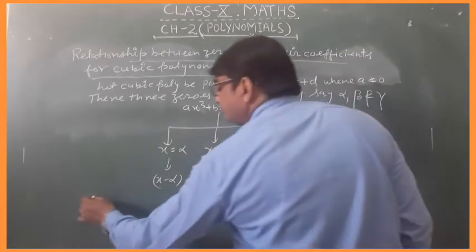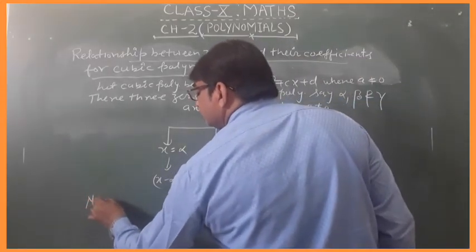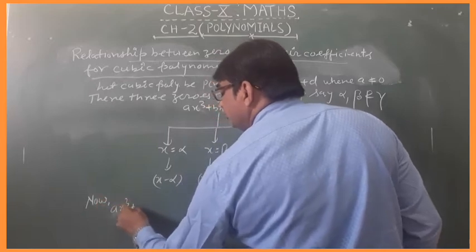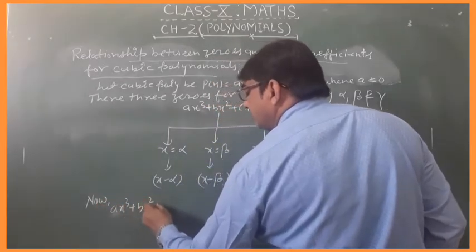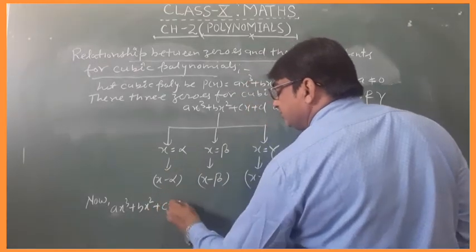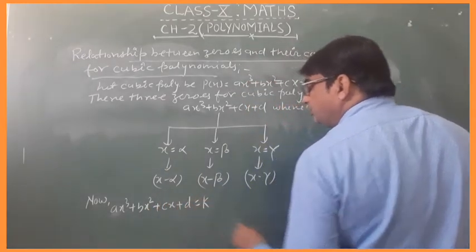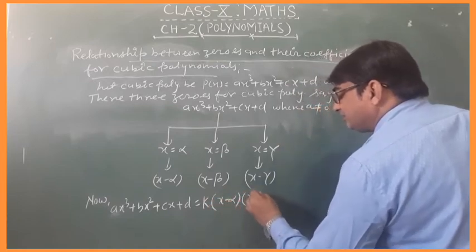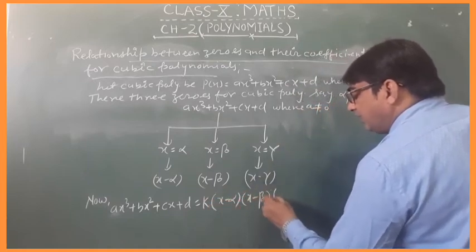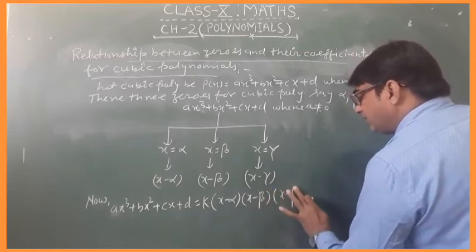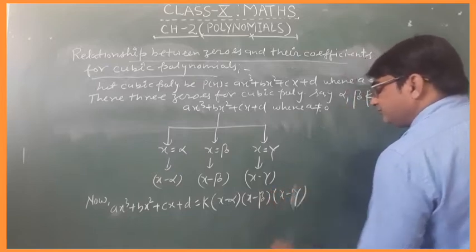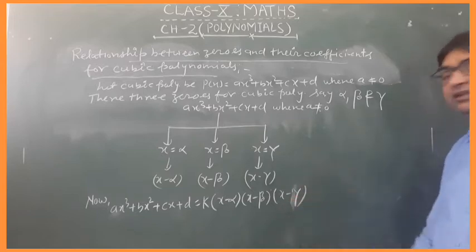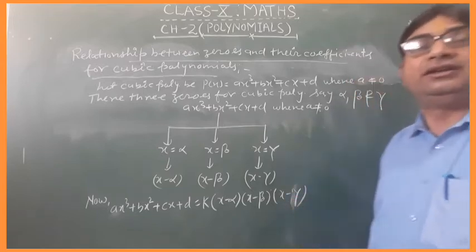Now ax cube plus bx square plus cx plus d is equal to k times (x minus alpha)(x minus beta)(x minus gamma). After that, we multiply them. Let's see what we get.